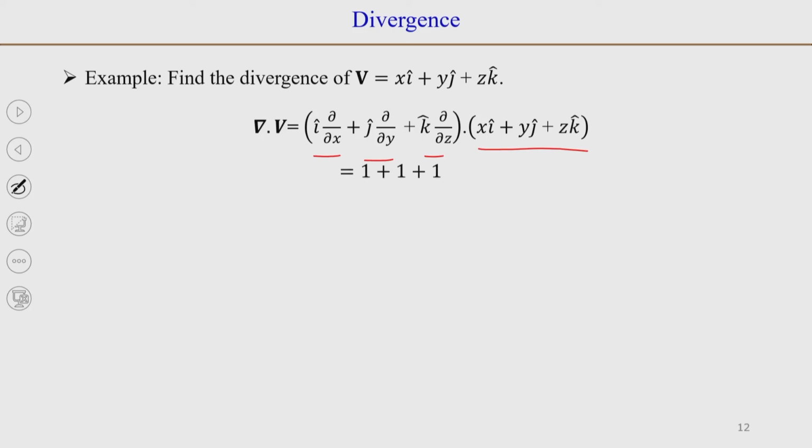When we solve it, differentiation of x with respect to x gives you 1, differentiation of y with respect to y gives you again 1, and differentiation of z with respect to z gives you 1. So, you add these 3 and you will get 3. So, del dot v in this case will be 3.